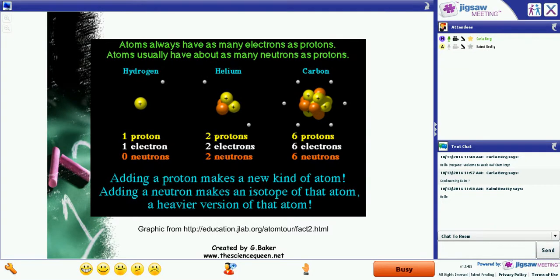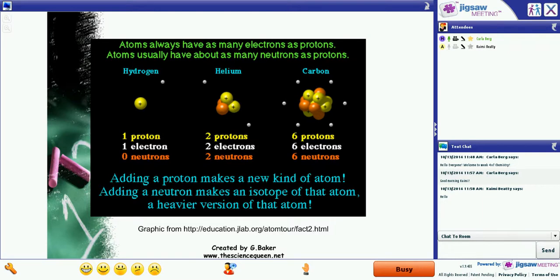There's a couple general rules. Atoms always have as many electrons as protons, and atoms usually have about as many neutrons as protons. So here is a diagram of hydrogen, helium, and carbon, and the number of protons, neutrons, and electrons that each of those have, how they are arranged.